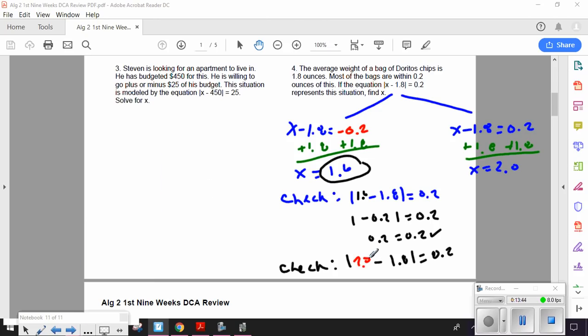Now let's try 2.0. 2.0 minus 1.8 is 0.2. The absolute value of 0.2 is 0.2. So this solution also checks out. So the solutions to this equation are 1.6 and 2.0.